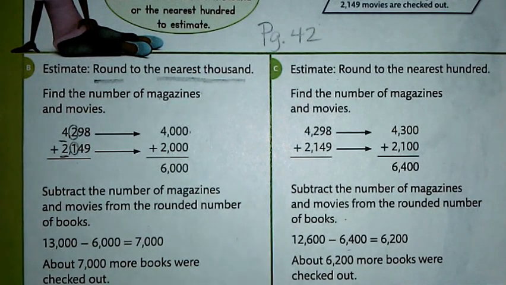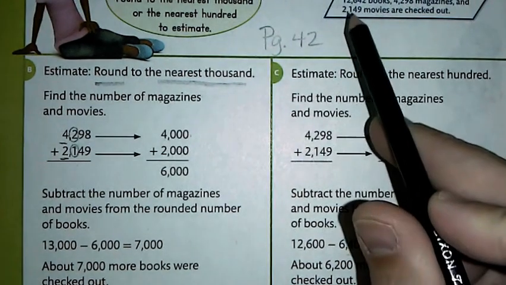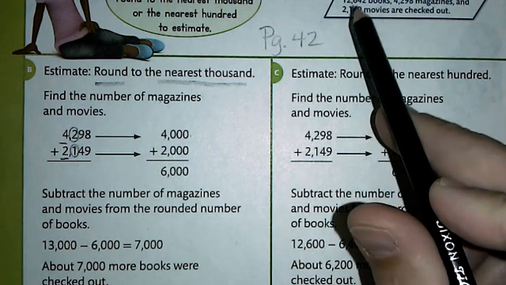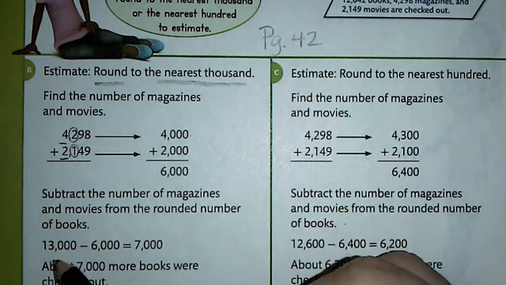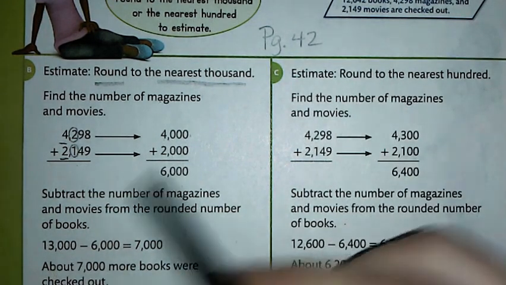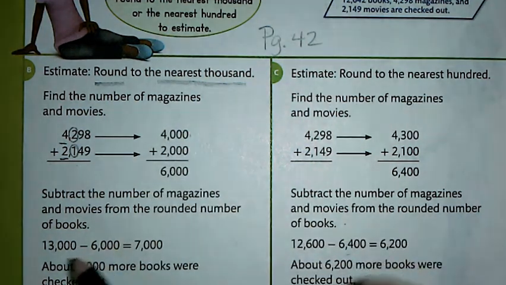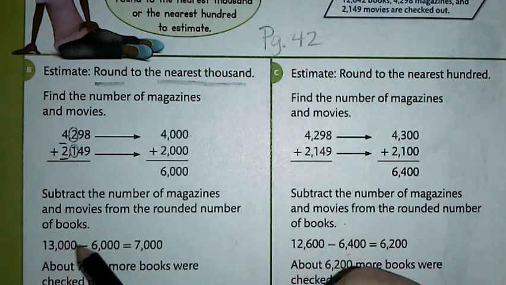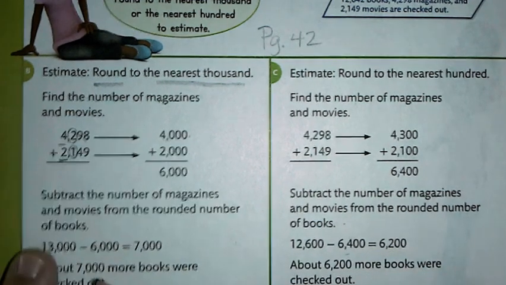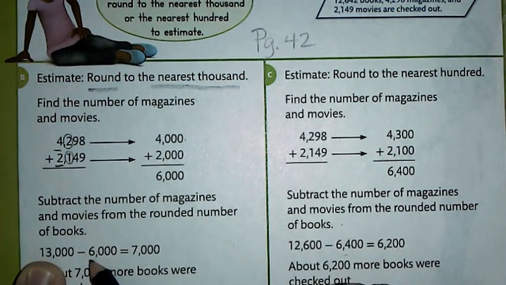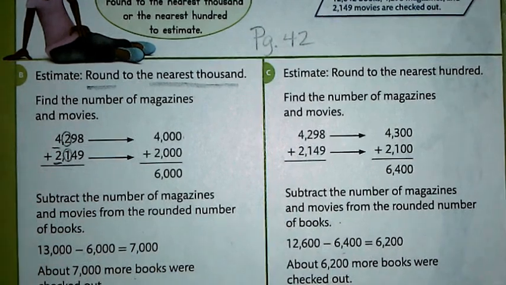All right? So if I were to round my other number, my 12,642, I would round that up to about 13,000. We put all of the magazines and movies together and got 6,000. So what's 13,000 minus 6,000? Well, what I'm really asking is 13 minus 6. And 13 minus 6 is 7. All right. So that's how we got that answer.